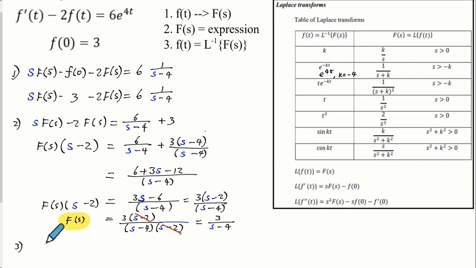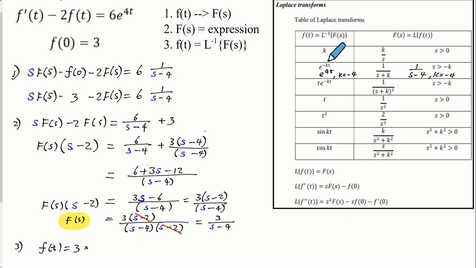So therefore my f of t is going to be 3 times whatever is matching a 1 over s minus 4. So if I have this pattern matching that, that must mean my k is a negative 4, because then that gives me the negative sign here because it's s plus k.